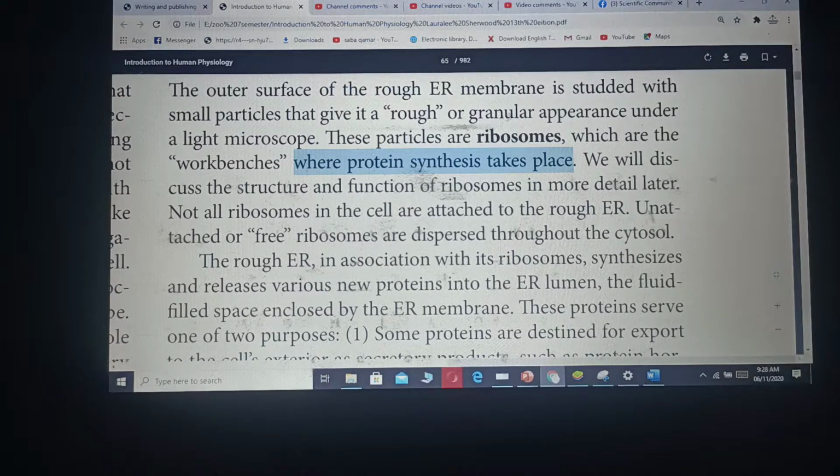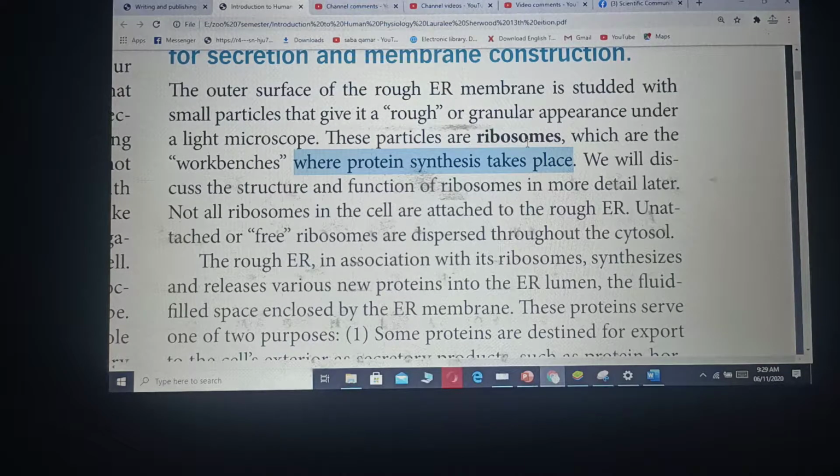So always remember that messenger RNA comes and binds with the ribosomes, and a ribosome reads the message which is coded in the form of messenger RNA, and then ribosomes translate that message into a specific sequence of amino acids which form proteins. When thousands of amino acids join together, the ribosome makes a specific protein.